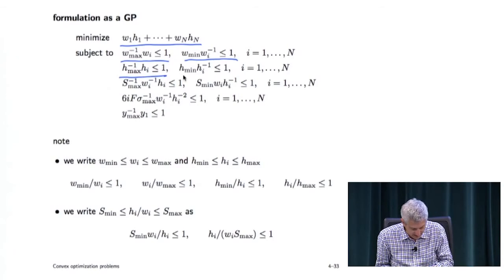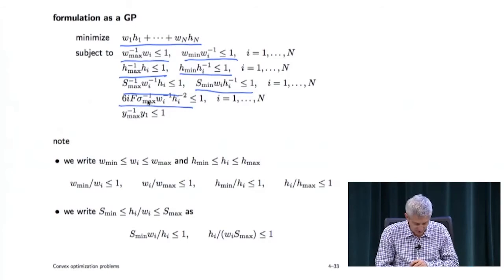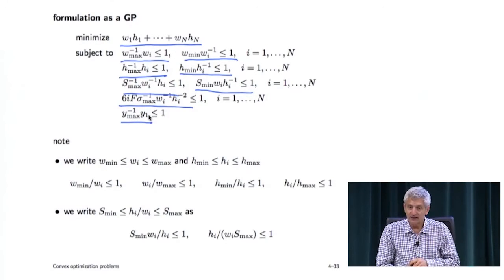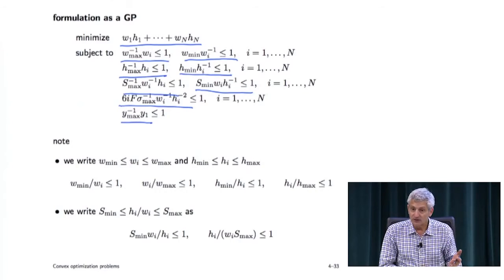That's a maximum height. That's a minimum height in each segment. This would be the aspect ratio maximum and the aspect ratio minimum. And then here I would have the stress limit. That's also very simple. So far everything's been simple. But here, this one, we use the fact that Y1 is a polynomial function of the w's and the h's, and it's given by that recursion, right?